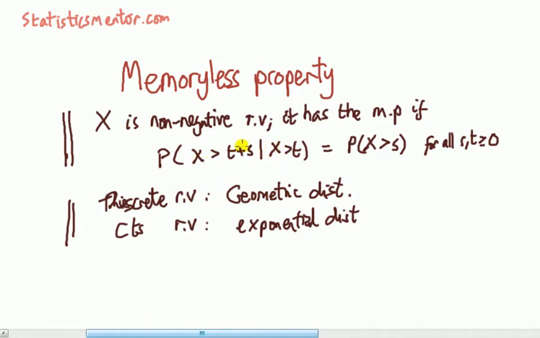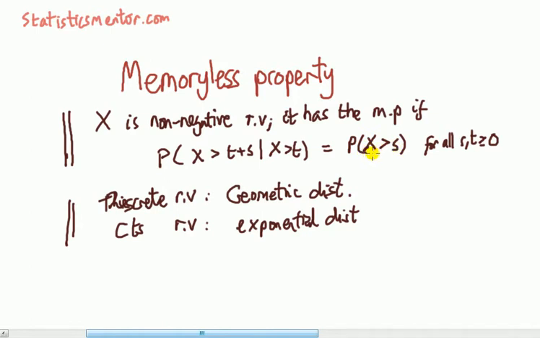Then what this conditional probability says is that if you haven't already got a head within t tosses, where X is the number of trials until you get a head, the chance that you get a head occurring s tosses after is the same as if you started afresh from the start.